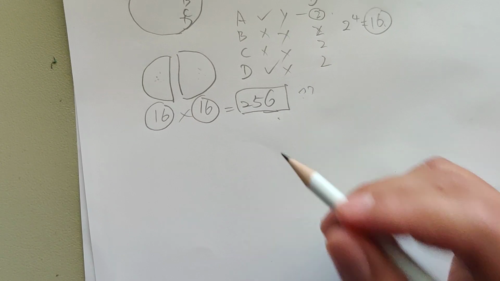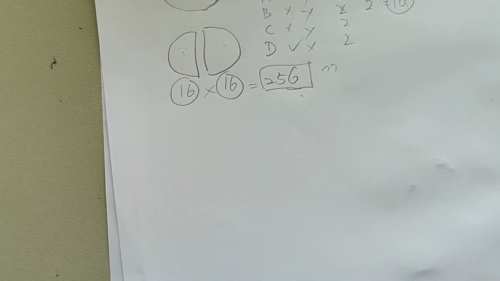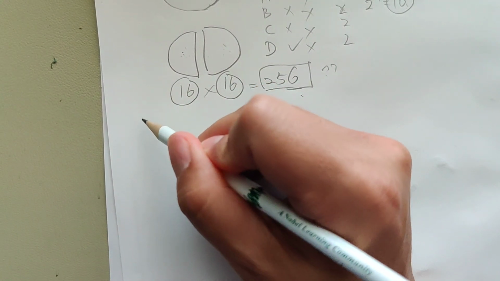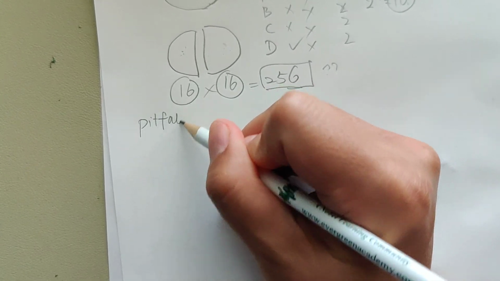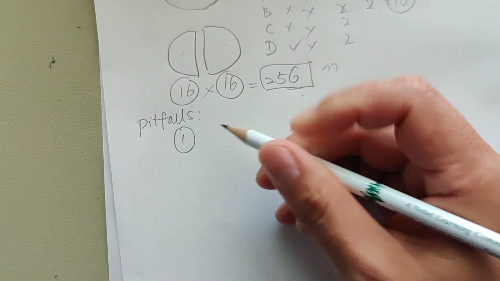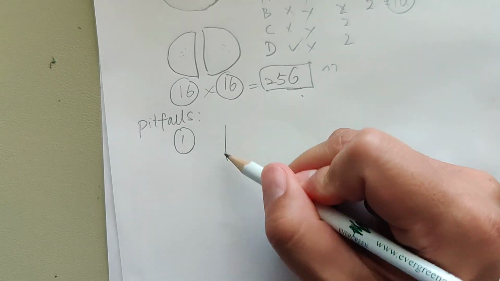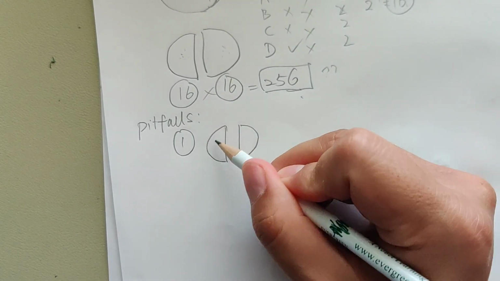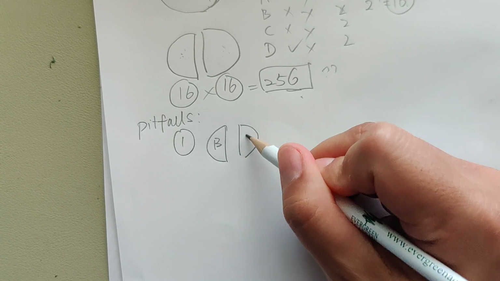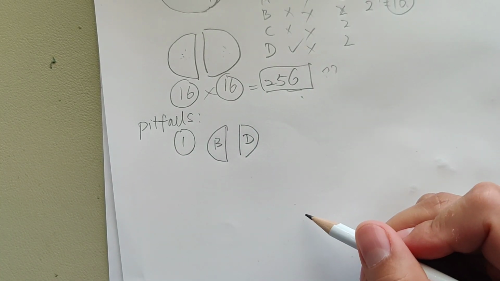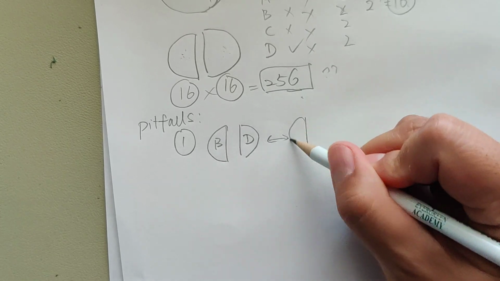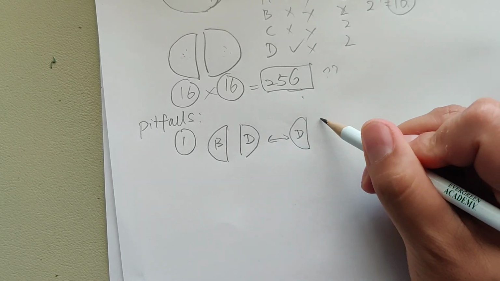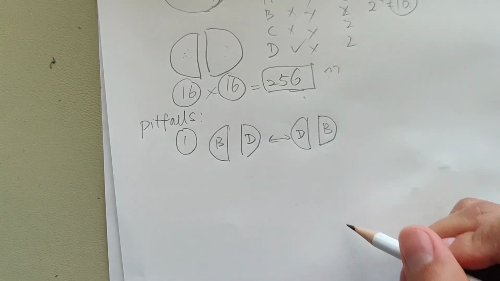Why? You forgot this. Let's call this pitfall. Pitfall A. Let's say this half: I put B on this side, I put D on this side. Versus, I put D on this side, I put B on this side.